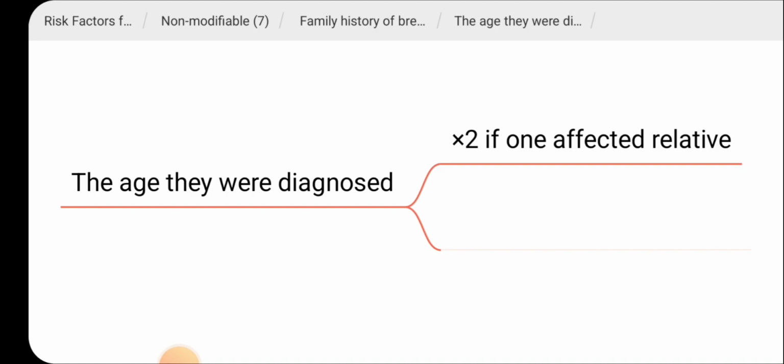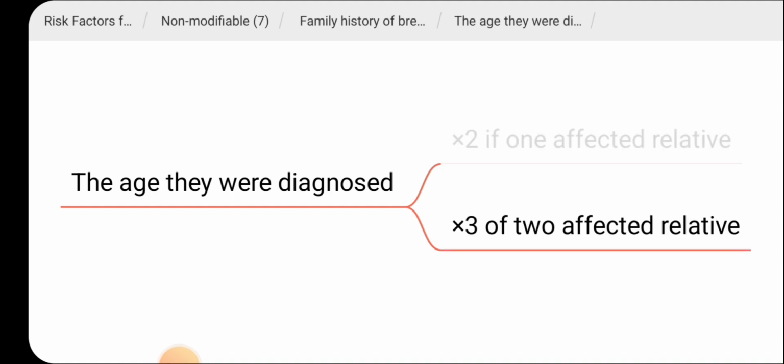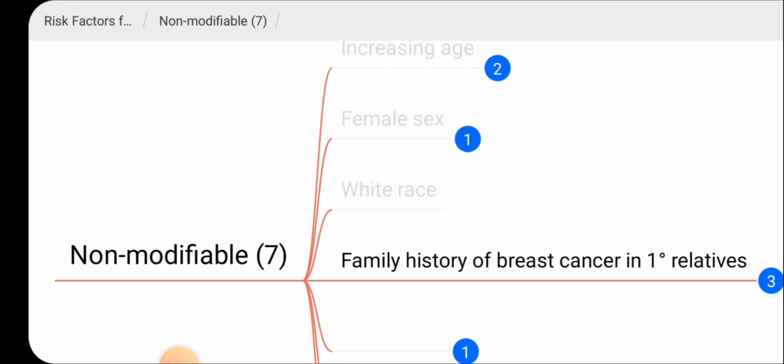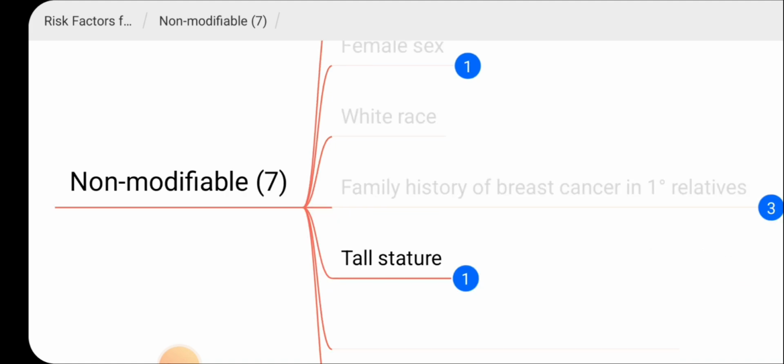If someone has one affected relative, then there's twofold higher risk of breast cancer. But if there are 2 affected relatives, there is threefold risk of having breast cancer. So like that, you can understand that family history of breast cancer in first degree relatives, and also if it is diagnosed earlier, then it is a risk factor.